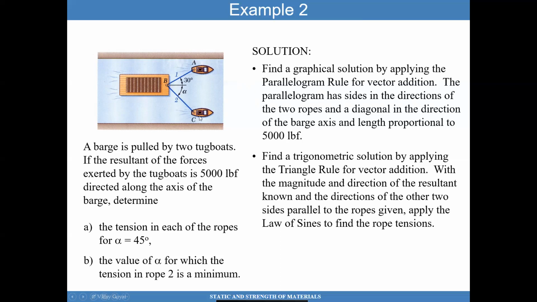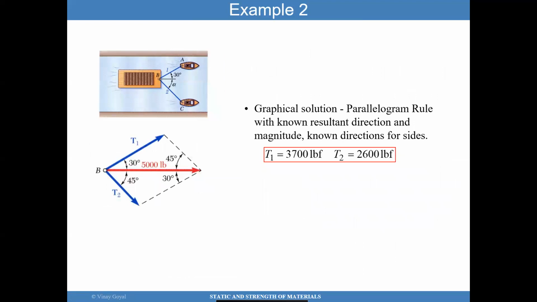So we can use a graphical solution. We can use trigonometry. Very easily, we know the vector 5,000 is in this manner, right? We know this 45. We know this 30 degrees. We know this 45 degrees. It's given to us.